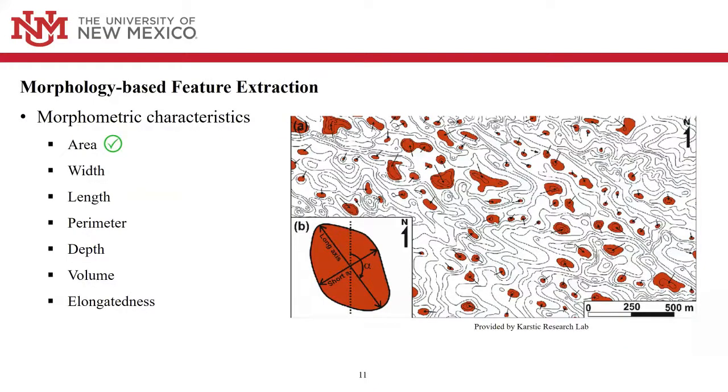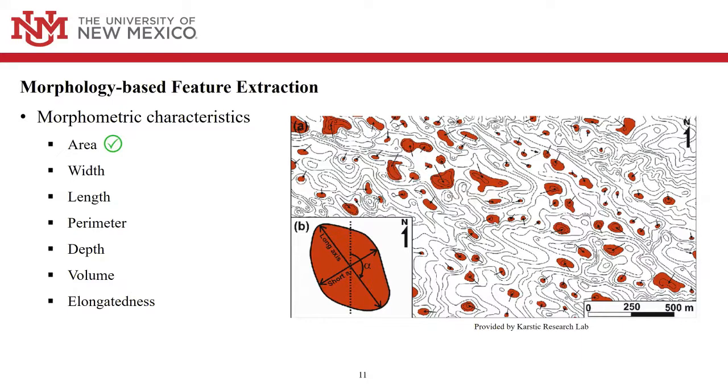And then the last step we're going to do is a traditional morphology-based feature extraction. We consider the area, width, length, perimeter, depth of the sinkhole, volume, and elongatedness. But at this moment, we only consider area, because only features larger than a certain size will be considered a sinkhole.